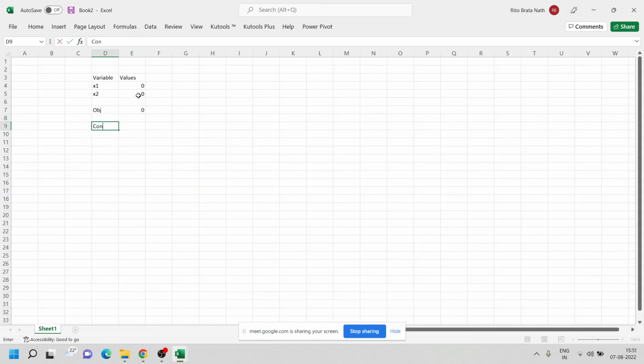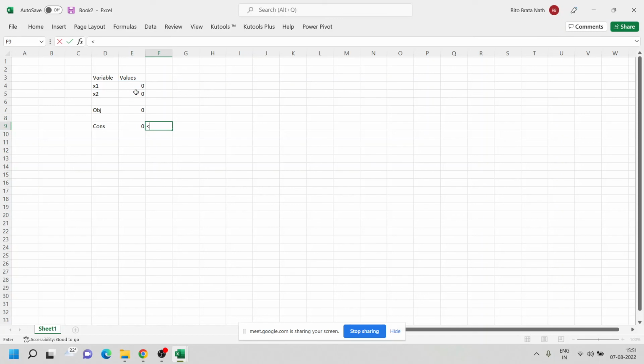Next is your constraints. Okay, so you have to add your constraints. So one of the constraints was x1 plus x2. So this is x1 plus x2. Sorry about it, I think I've done it wrongly. I make mistakes sometimes.